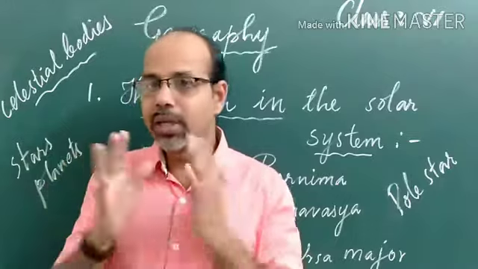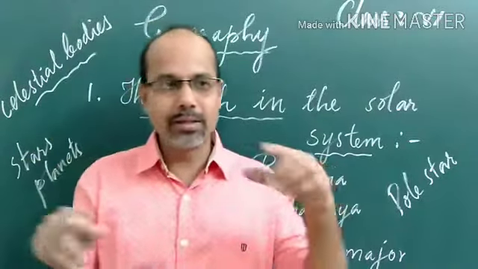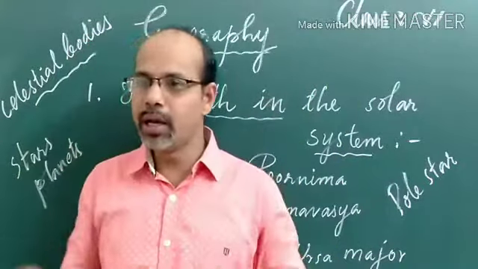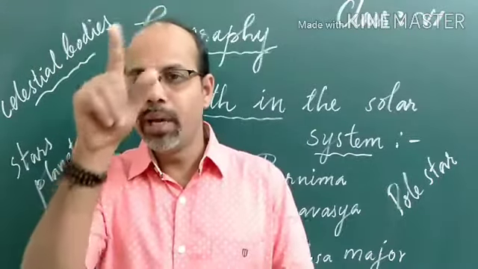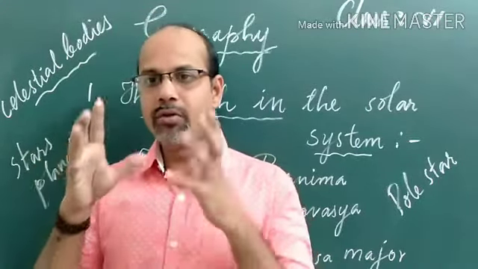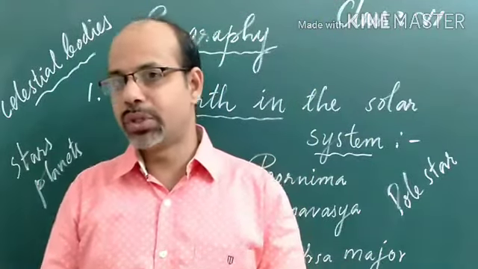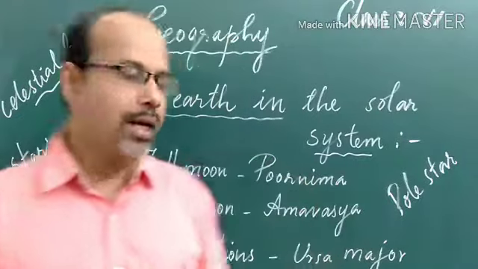Now, while watching the night sky, sometimes you can find various patterns. It looks like the shape of an animal or fish or any other object in the sky. We can find many stars in a particular pattern or shape. These various patterns are called constellations.